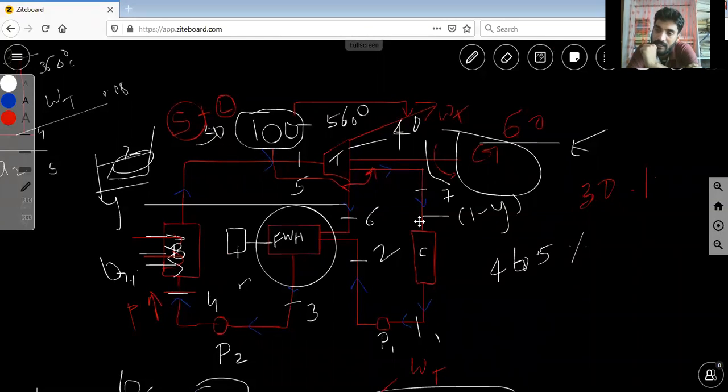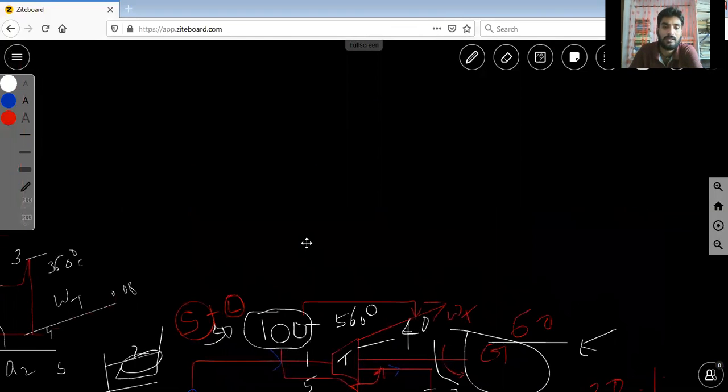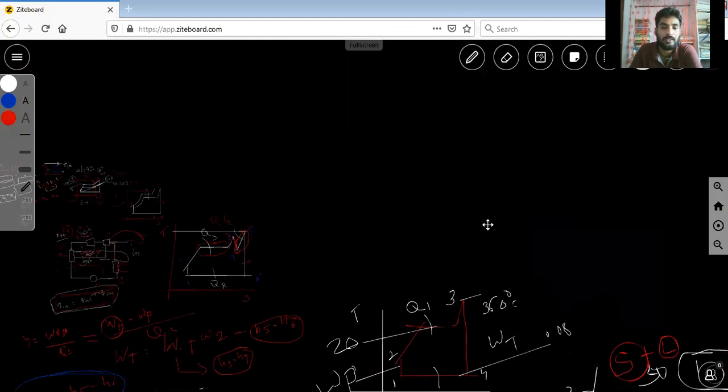Similarly, in the reheating method, you have two turbines: a high pressure turbine and a low pressure turbine.